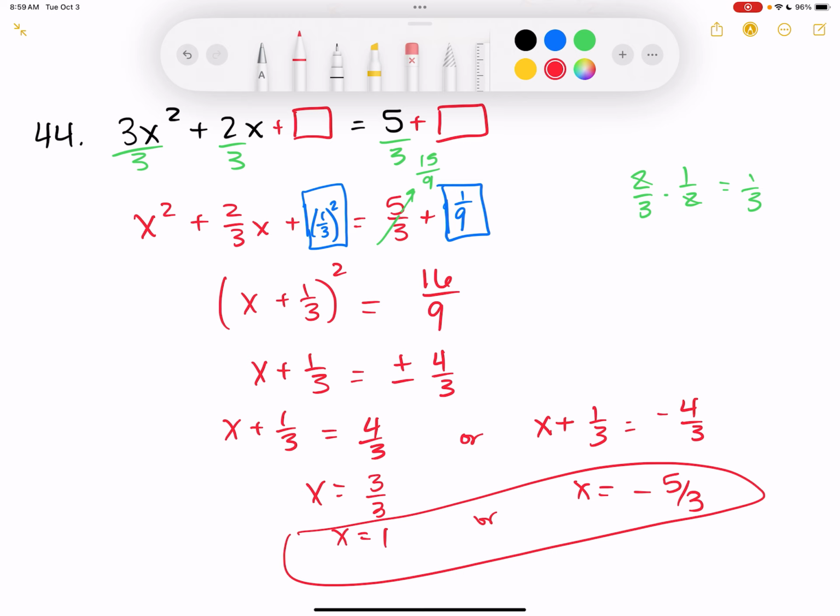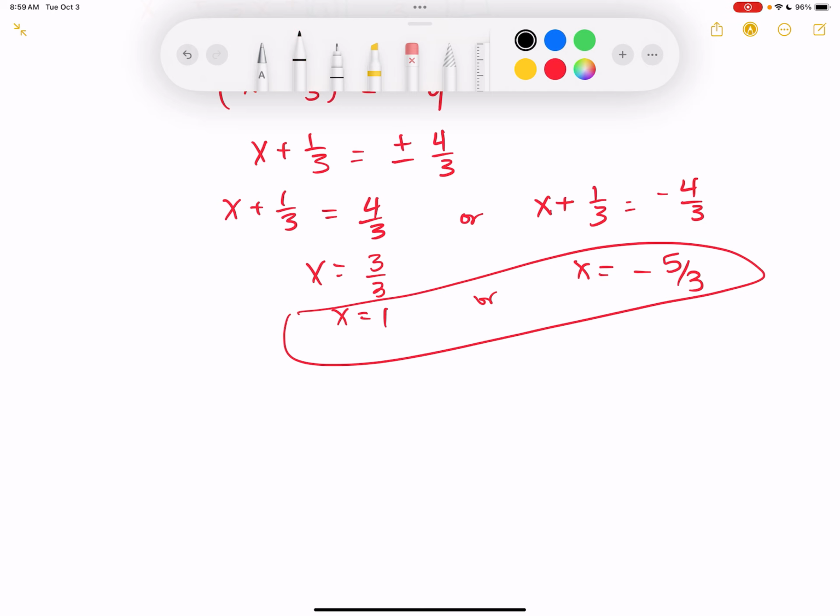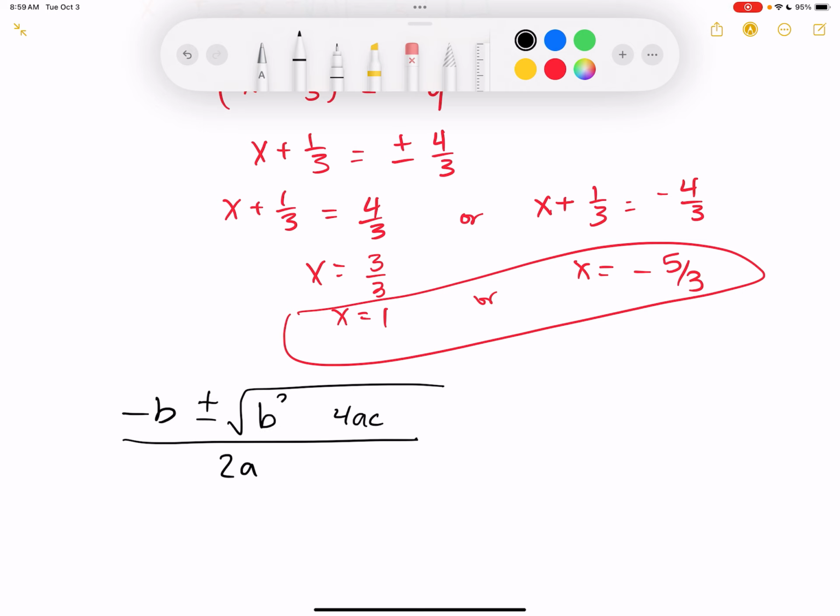All right, solve the equation using the quadratic formula. Anybody know the quadratic formula off the top of their head? Does it start with negative b, plus or minus, over 2a, and something with 4ac in the square root?